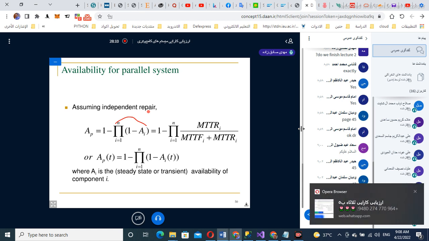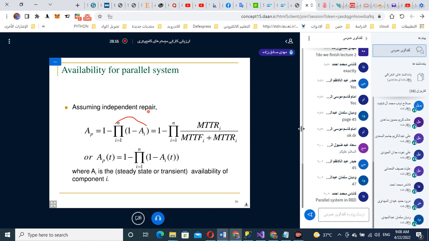Or Ap(t) equals 1 minus the product for i equals 1 to n of (1 minus Ai(t)), where Ai is the steady state or transient availability of component i.